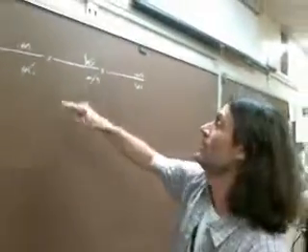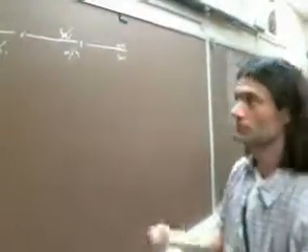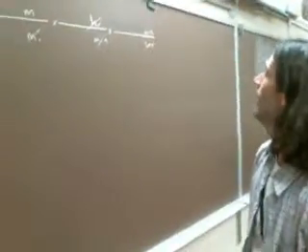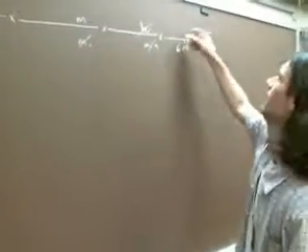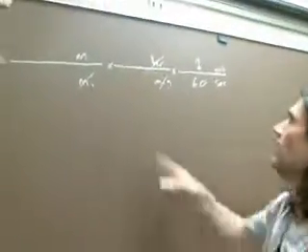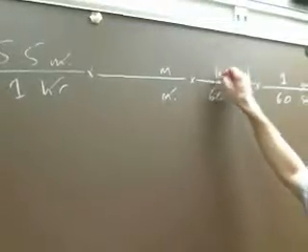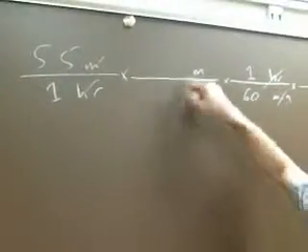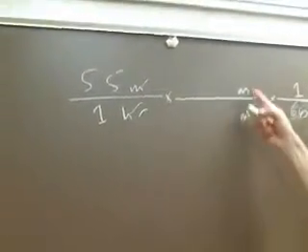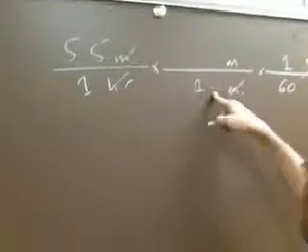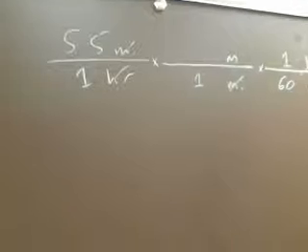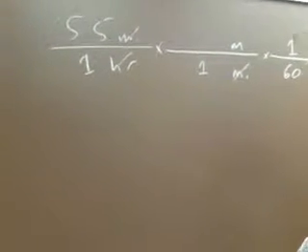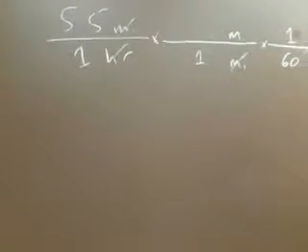Then once you see the units are what you want, now you can throw numbers in place. And most students know, okay, there's 60 seconds in 1 minute. You know there's 60 minutes in 1 hour. And then what you might not know is the number of miles to meters. 1 mile, if you remember from running in gym class, maybe it takes 4 laps around a track to get you to a mile, which is 1,600.